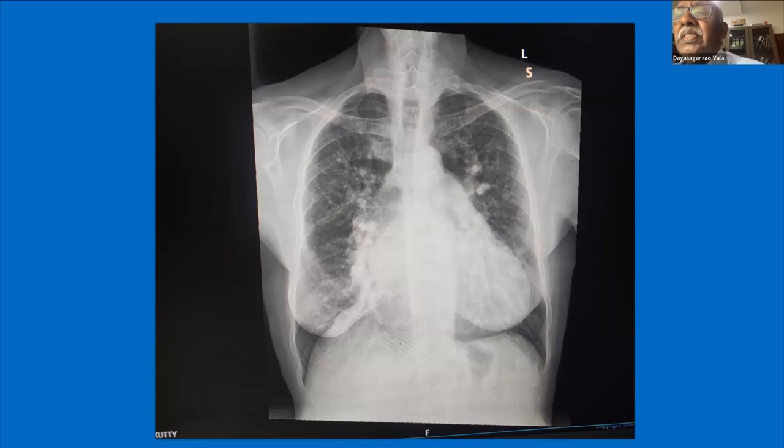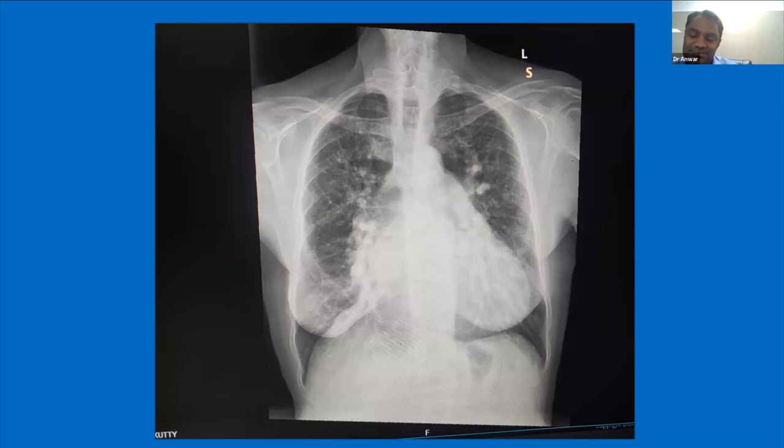So you think that this X-ray is fitting with a pure isolated ostium secundum ASD according to you? Yes or no? There are points in favor of that. Yes, sir.